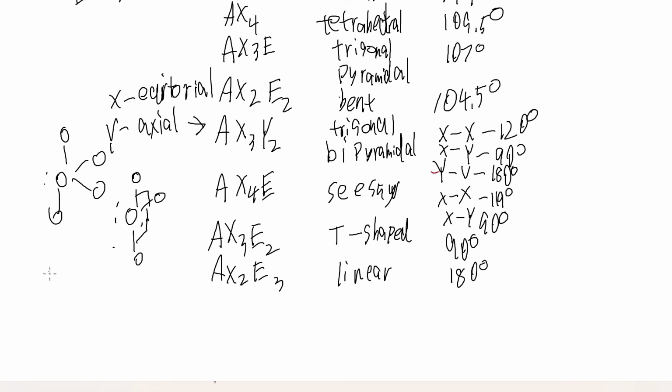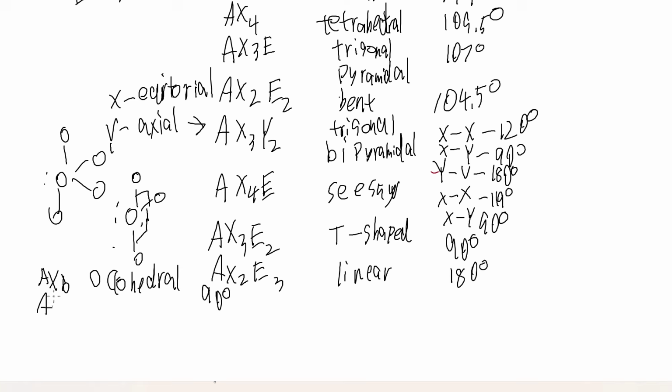This is called AX6, and it is octahedral. If you can imagine an octahedron, what it's saying is that the center atom is the center of the octahedron, and all the terminal atoms represent the vertices. Okay, and so this has 90 degrees all around.